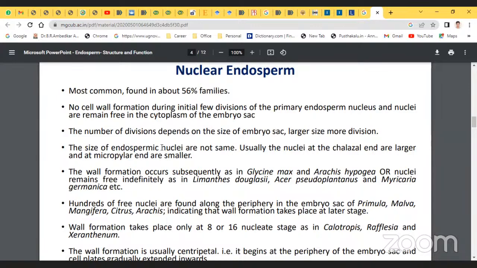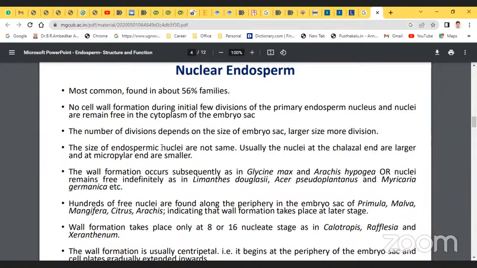In angiosperms the endosperm is triploid and develops from a primary endosperm nucleus. In this type, the name is nuclear endosperm. The nuclei remain free in the cytoplasm of the embryo sac.